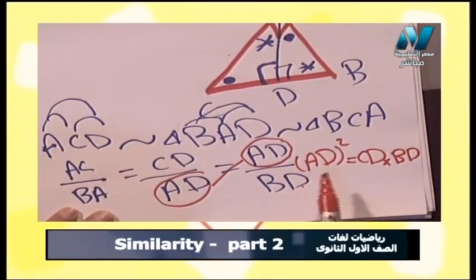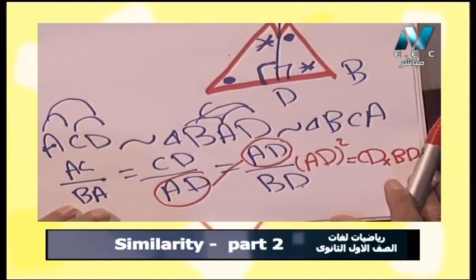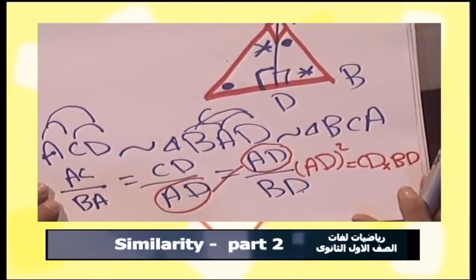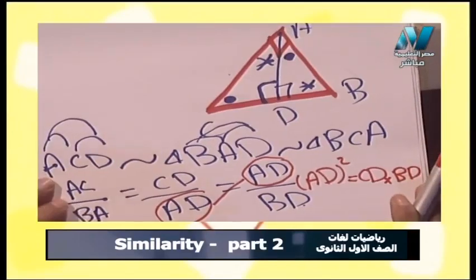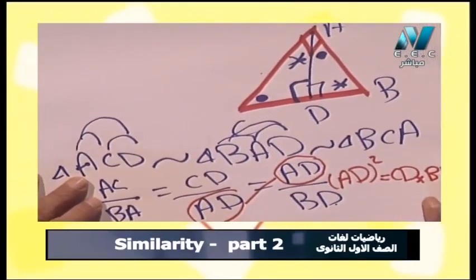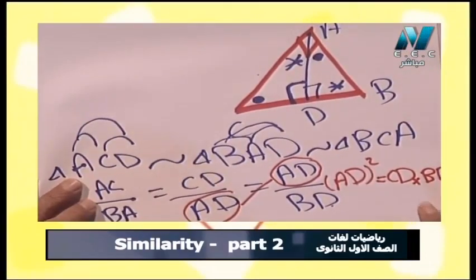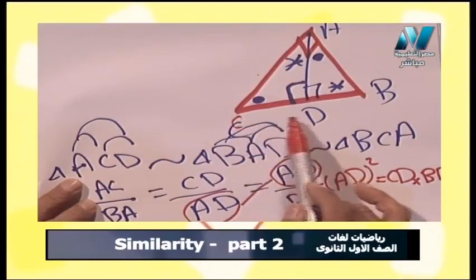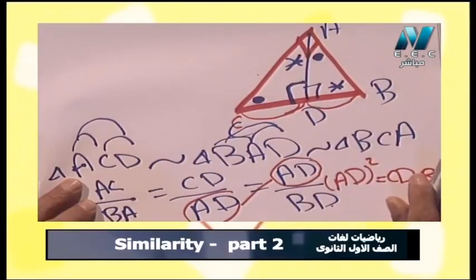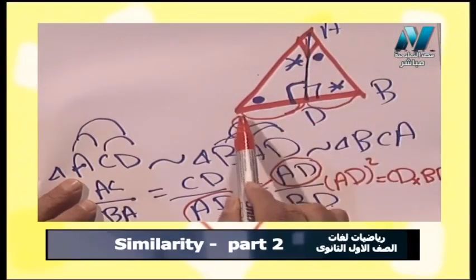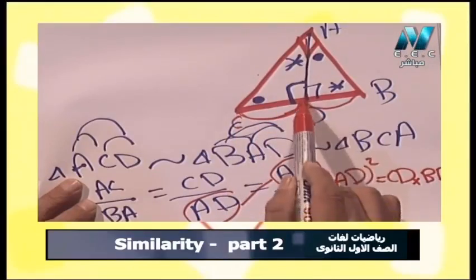When we look here at the figure, AD power 2 equals CD times BD. Do you remember, my dear students, this was called in primary 2 the Euclidean theorem. AD power 2 equals CD multiplied by DB.